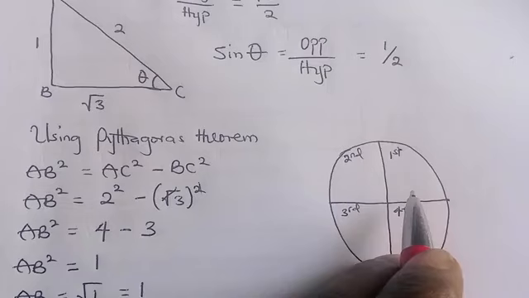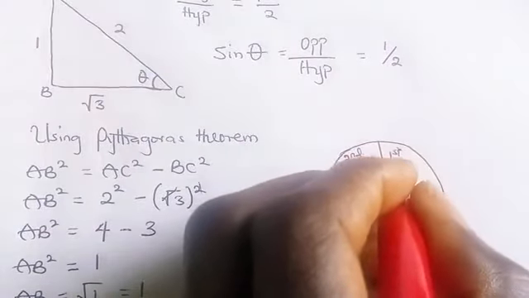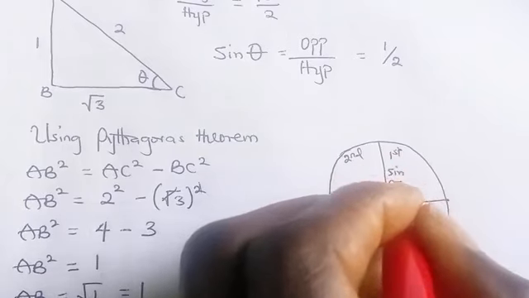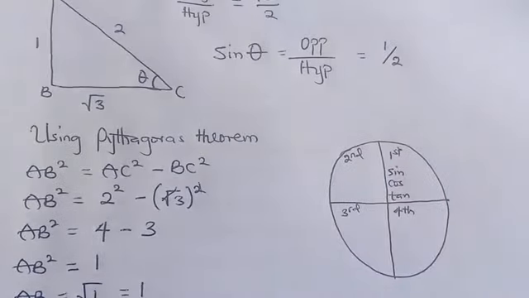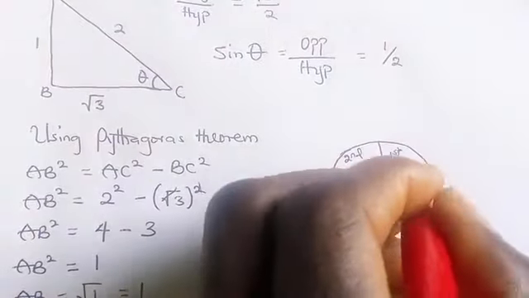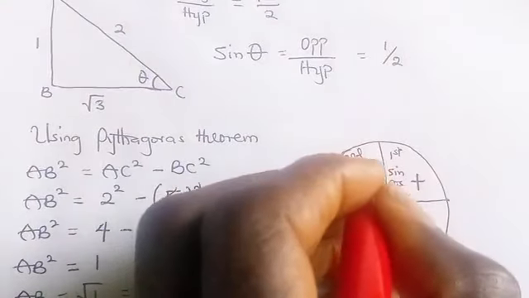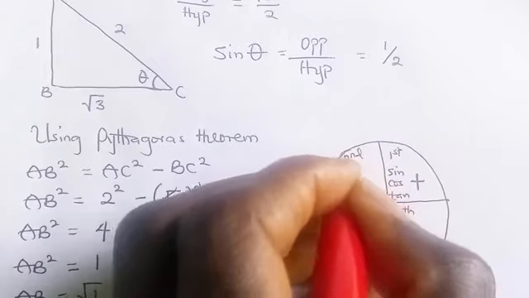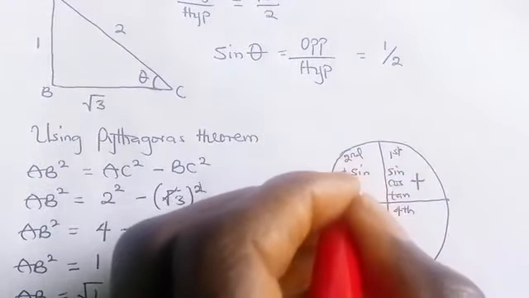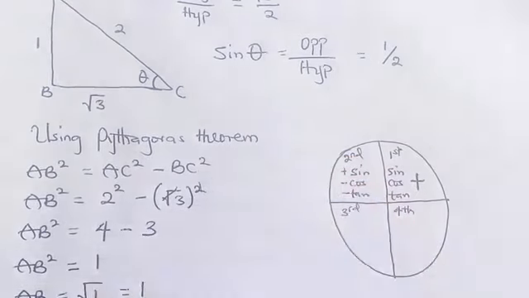So in the first quadrant, all the trig ratios, the sine, the cosine, and the tan, they are all positive. So here we have all positive. But in the second quadrant, you have only sine theta to be positive. So here we have plus sine, cos is negative, tan is negative.